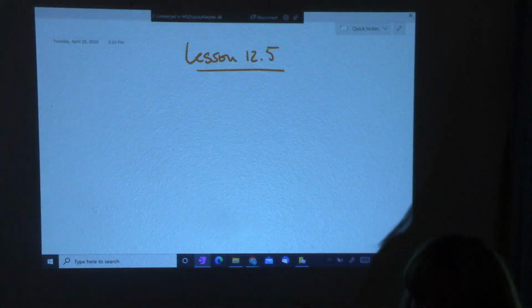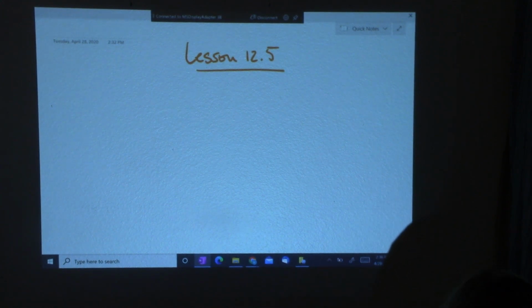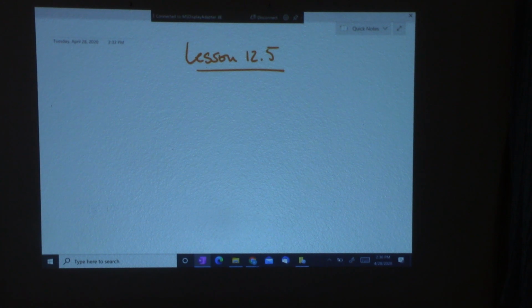Let's pull out our note paper, and we're going to do lesson 12.5. This is called multiplying and dividing rational expressions.